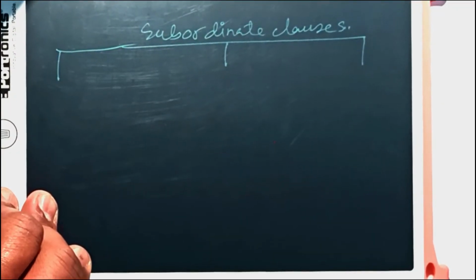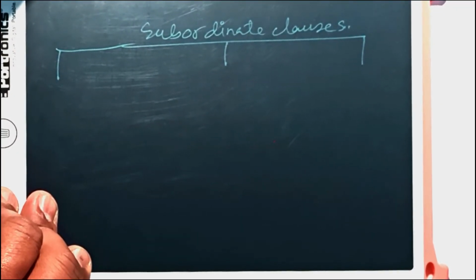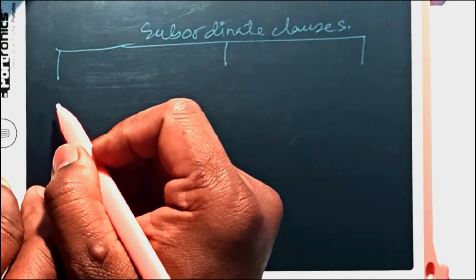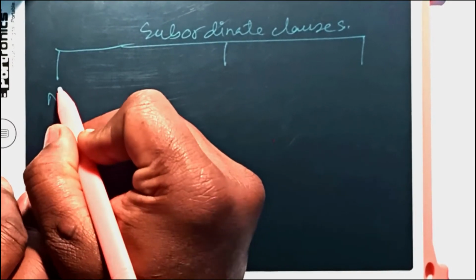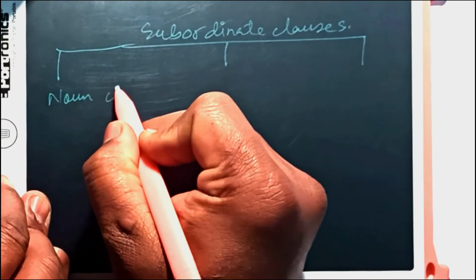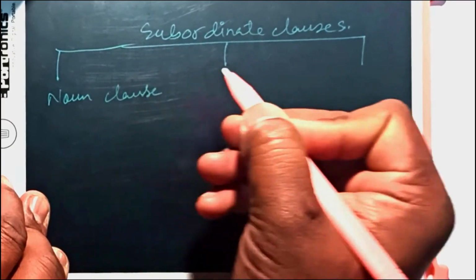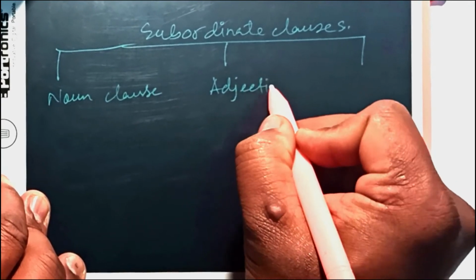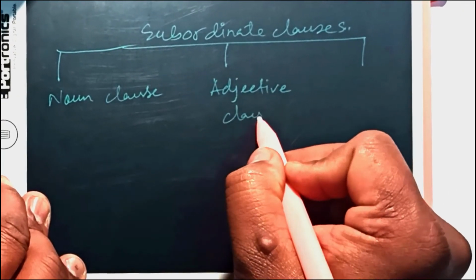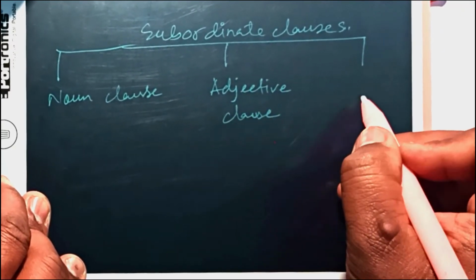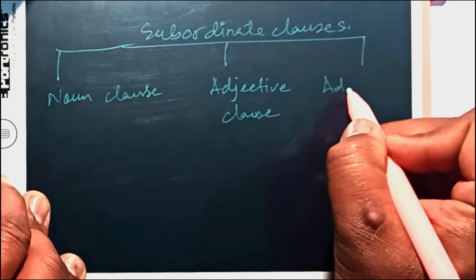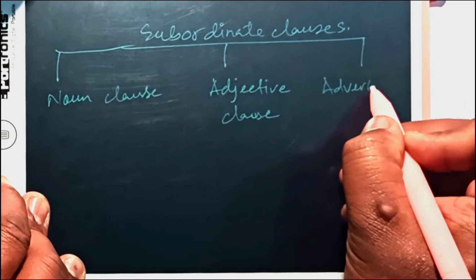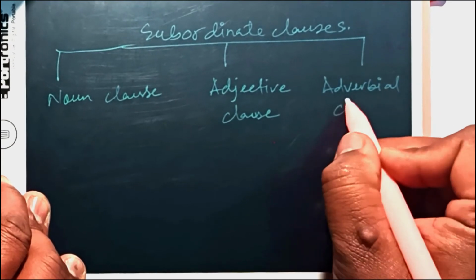Okay, now let's discuss subordinate clauses. We have three kinds of subordinate clauses. One is the noun clause, one is the adjective clause, and another is the adverbial clause.